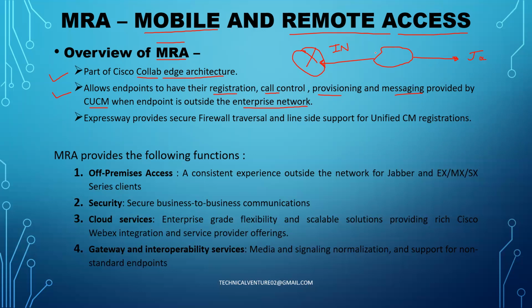Between the internet and the CUCM, you will have many things installed, like Expressway Edge, Core, the firewalls, and other things as well. It says Expressway provides secure firewall traversal and line side support for Unified CM registration. So you will get the firewall traversal support in this Expressway as well.